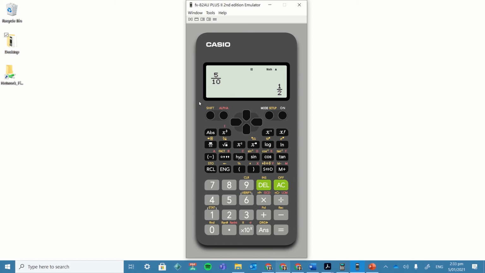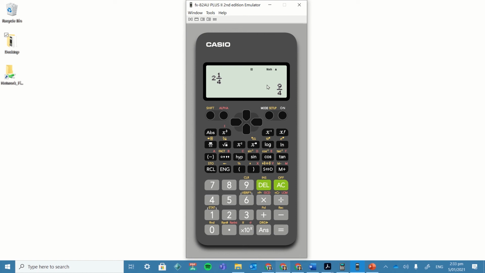We also need to convert between what we call mixed and improper form. So that's when we've got this yellow one above here. Say I press shift and that, and I had 2 whole pizzas and I had a quarter of a pizza. So I can then write that as 2 wholes and 1 quarter.